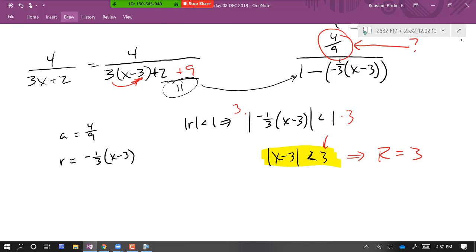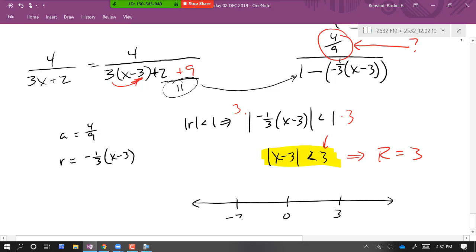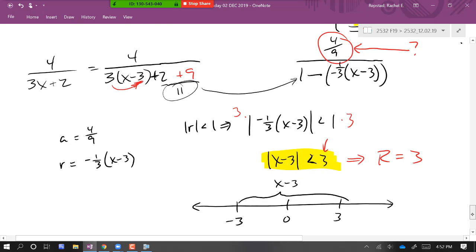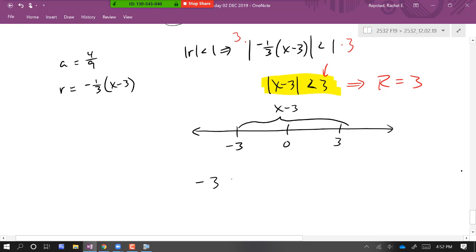Another way to look at it is that if the absolute value of x minus 3 is less than 3, that means whatever x minus 3 is has to be between -3 and 3. If its absolute value is less than 3, then remove the absolute value. That has to be between -3 and 3. So that would allow us to set up a 3-sided inequality. And then you could add 3 to all 3 sides.